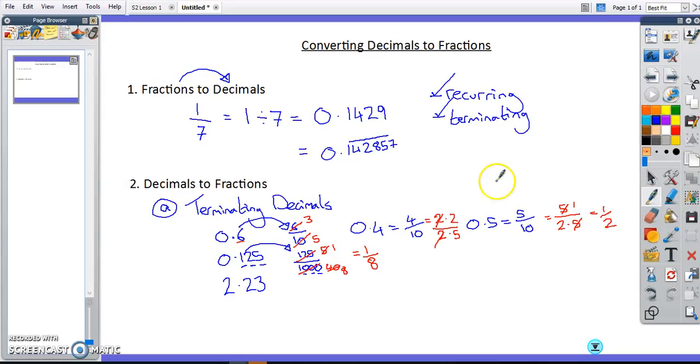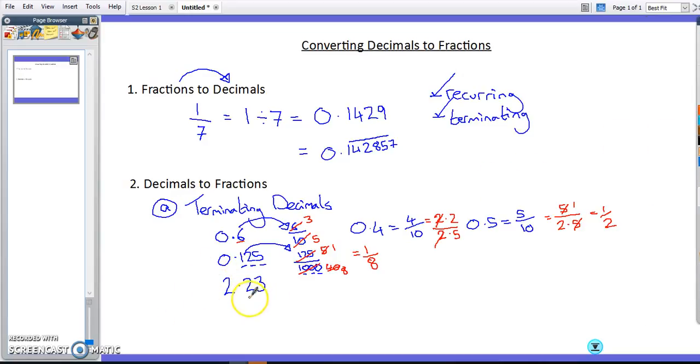And here I can do the same, even though I have a whole number at the beginning, I can just change my mixed number into an improper fraction later. So this, I'll put my arrow underneath as I run out of space, would be 2 and 23 over 100. Notice that my number of places after the decimal point is my number of places after the 1 in my denominator.